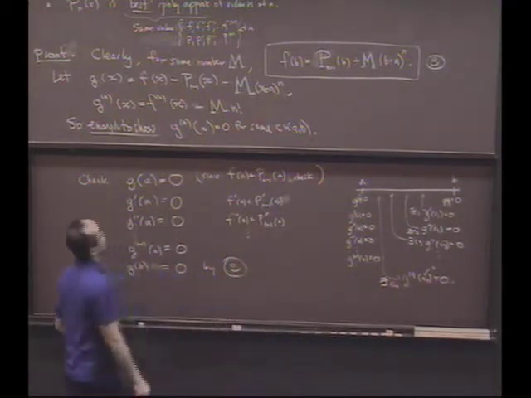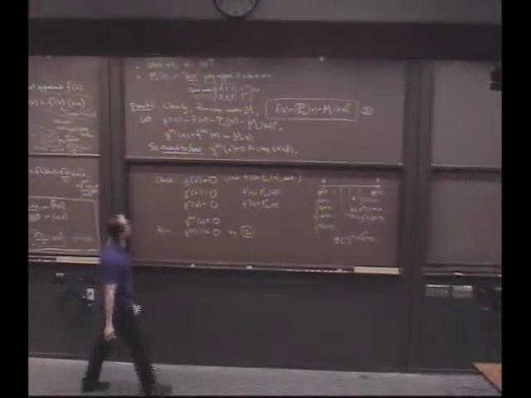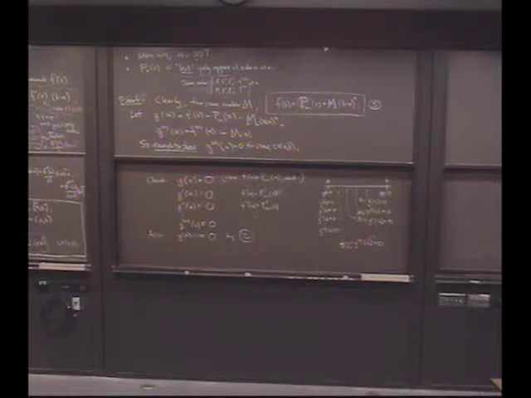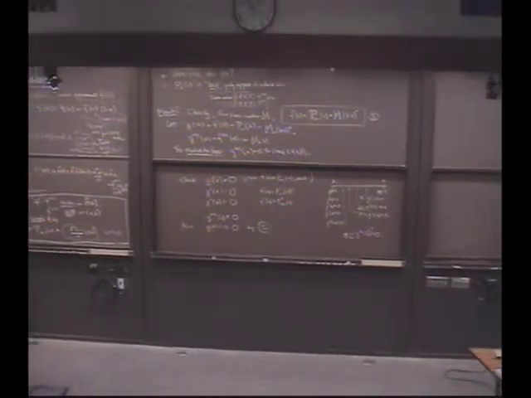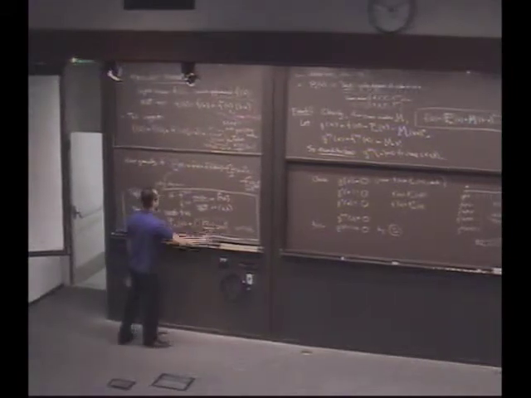Okay. And now, is that what I wanted to show? Is that what I wanted to show? Yeah, this is what I wanted to show. Okay, nice. What is the upshot? Why does that show that f is p plus this creature?